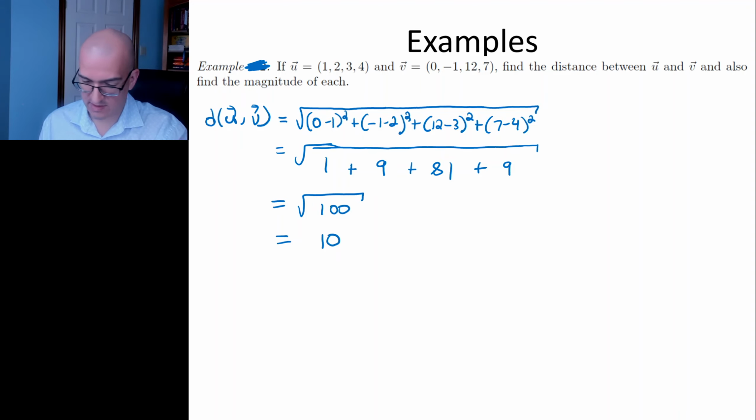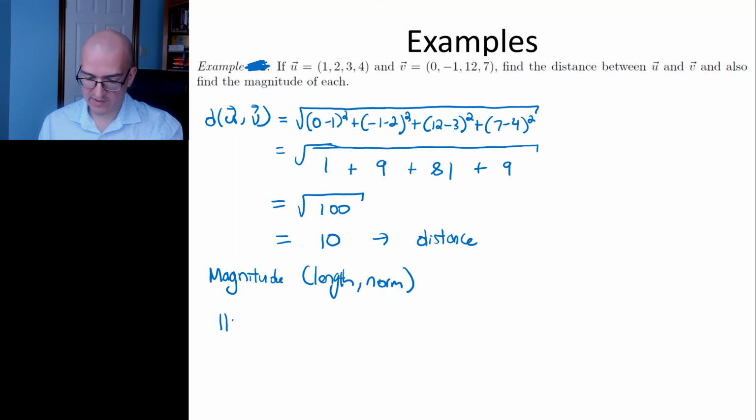Okay, next thing, magnitude of each. So that was length, or distance rather, that was distance. Now magnitude, or length, or norm.